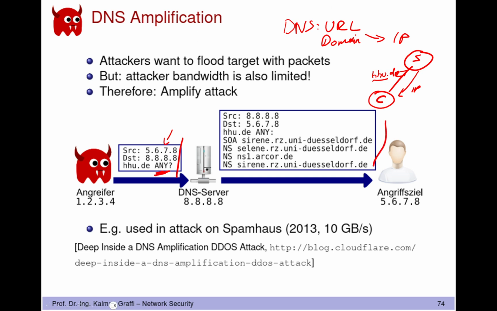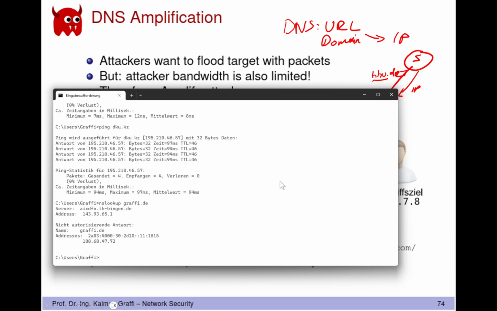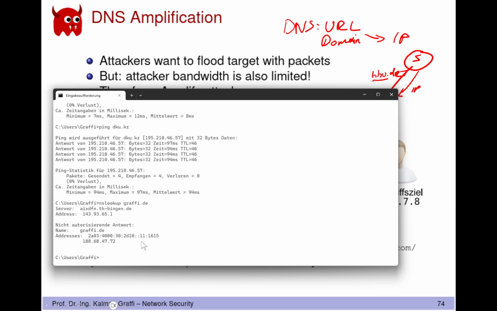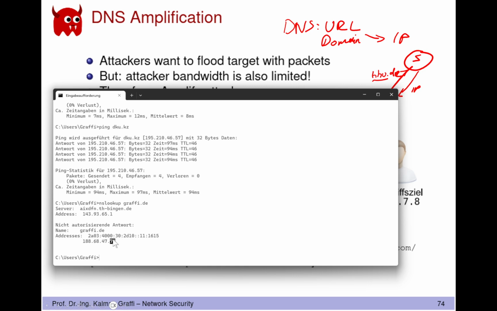So let's have a look at how this looks. This is one short question and answer. I get an IPv6 and IPv4 address, and I think, let me just see if this is correct.